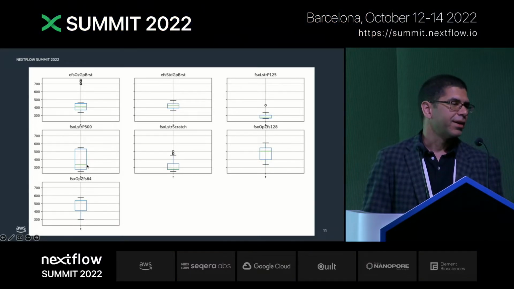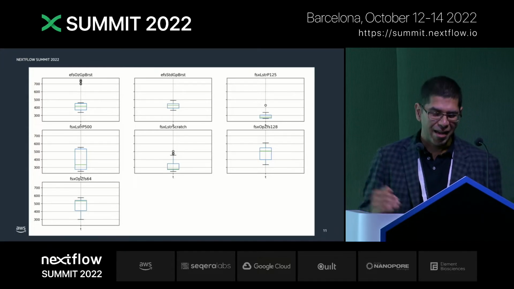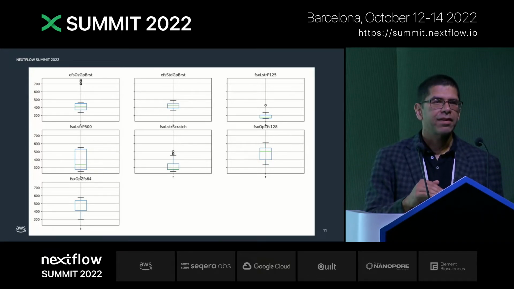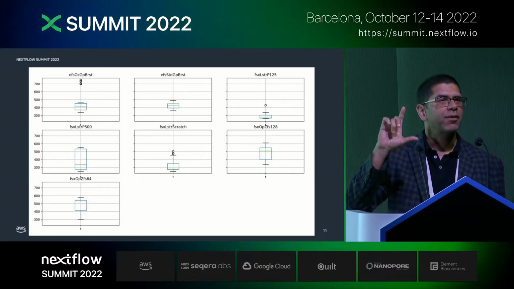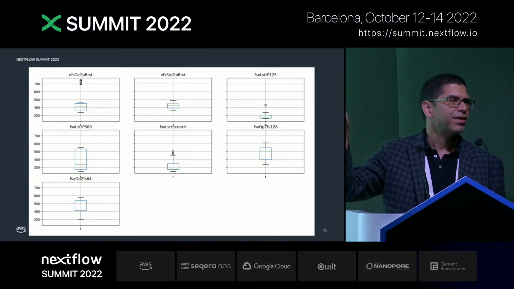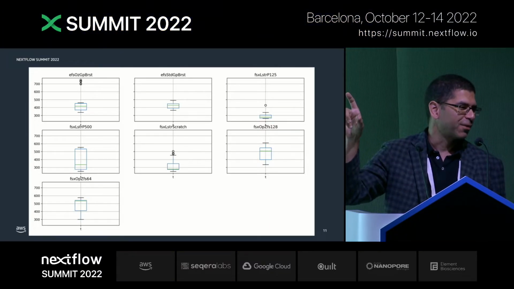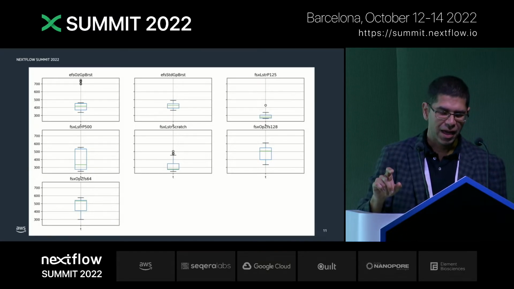I don't know what happened here, right? This is sustained performance at 500 megabits per second, and all of the processes completed within 4 minutes very, very stably, except for when I was running 10 at a time. I need to redo this because I think something went wrong with my file system, or I was running something weird.